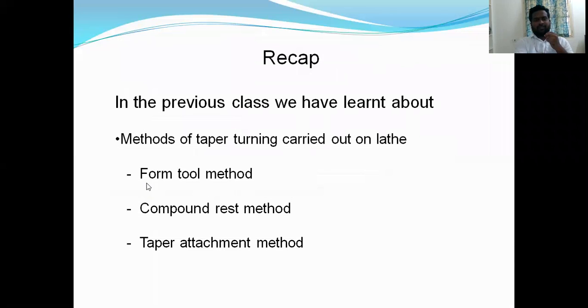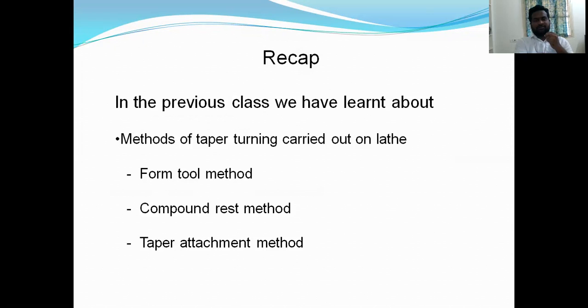In the form tool method, the tool has a shape similar to the shape which is produced on the workpiece. In taper turning, we have to produce some inclination, where the diameter is gradually decreasing or increasing.